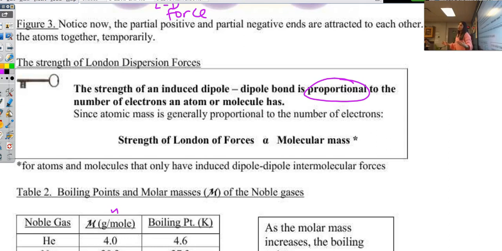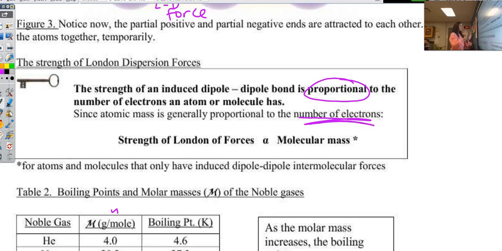It is true that the bigger the molecule is, the stronger your LD forces are going to be. So if you're comparing three and they're all nonpolar, and there's nothing else that you can say about them in order to compare them and say which one's stronger, and you're like, they all have London dispersion forces, I don't know, what am I supposed to say? You actually want to use the molecular mass, but it's really the number of electrons that we're focusing on.